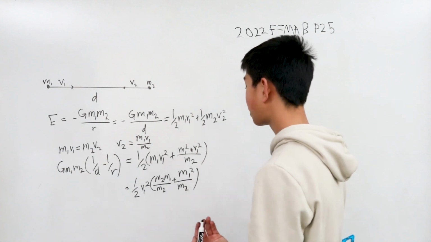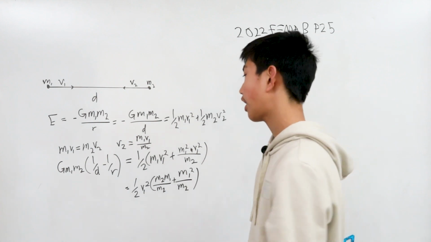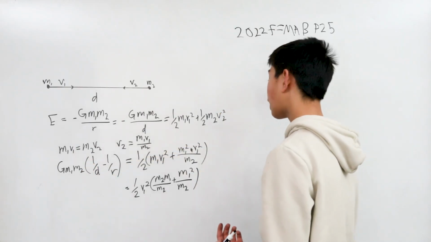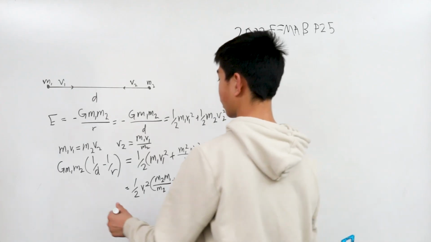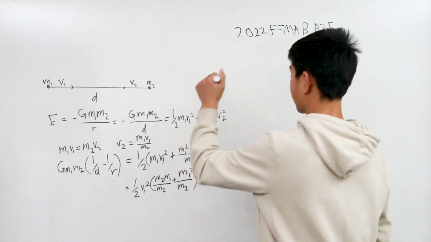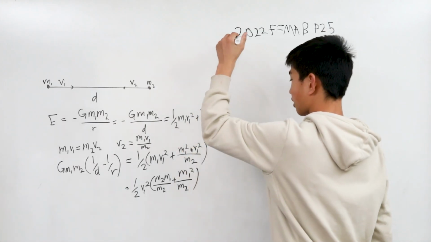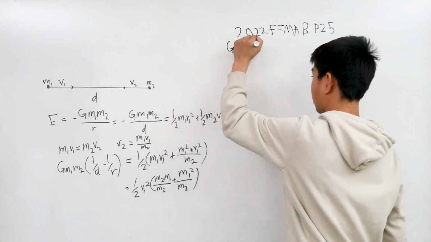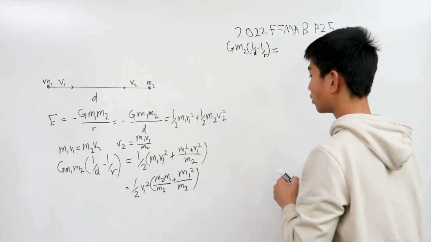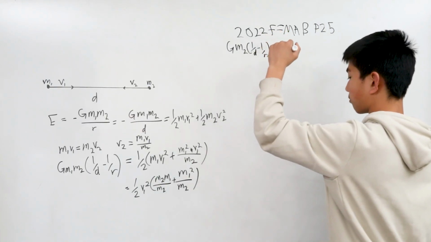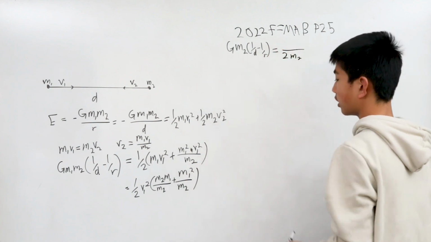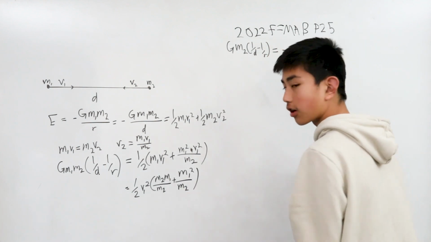Now, what we see here is that this is pretty hard to compute, but we have this equation here. So in this case, we can divide both sides by a factor of M1. When we do that, our new equation is going to be G times M2 times 1 over D minus 1 over R is equal to, well, the denominator is 2M2, because you just factor out the parentheses.